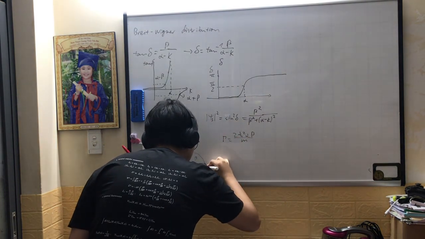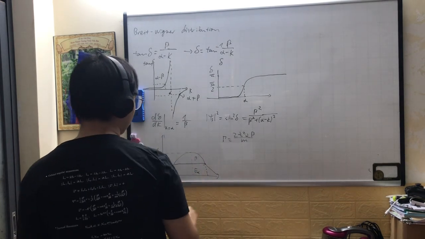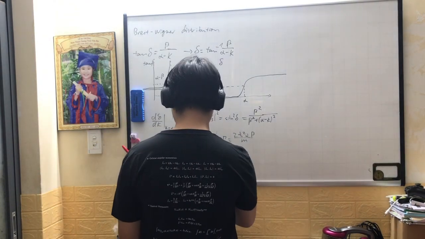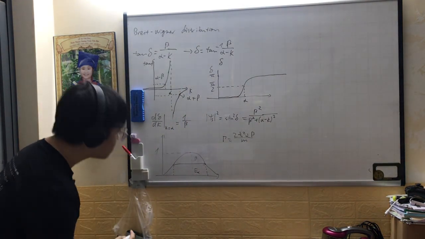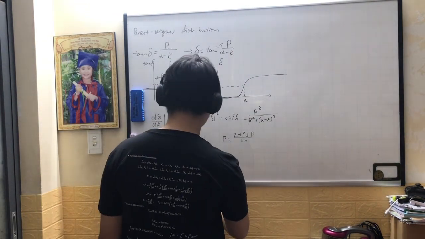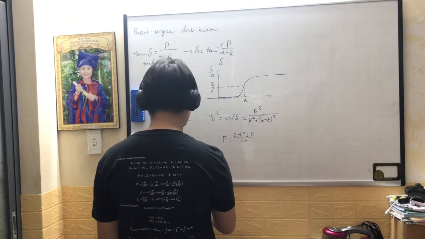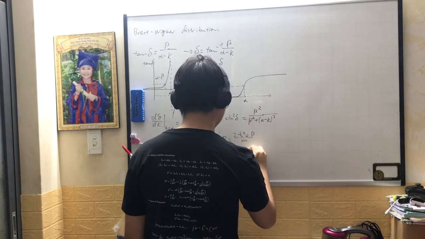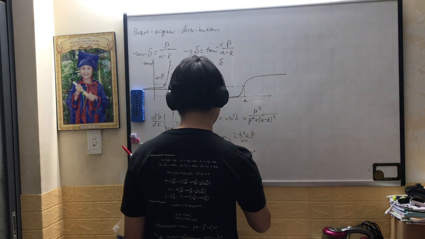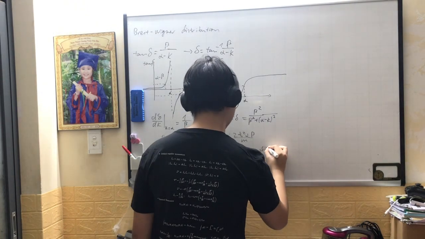Okay, so the end point and the start point of your gamma. Okay, there's not enough space. So the starting point, I'll just write it here, and the end point of gamma.